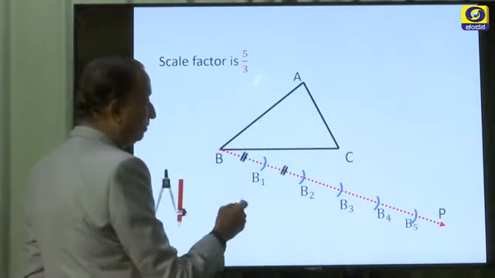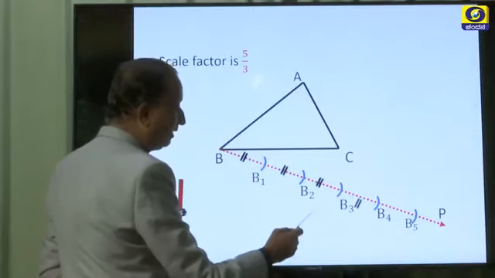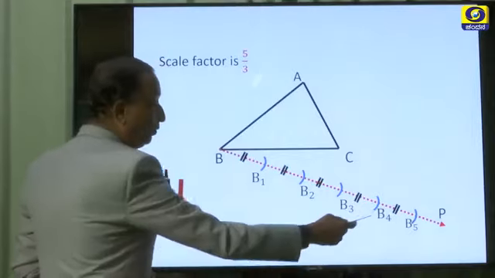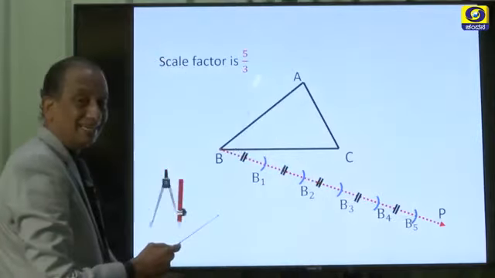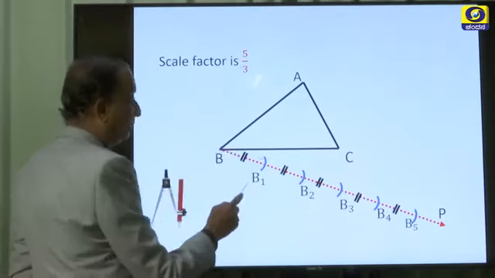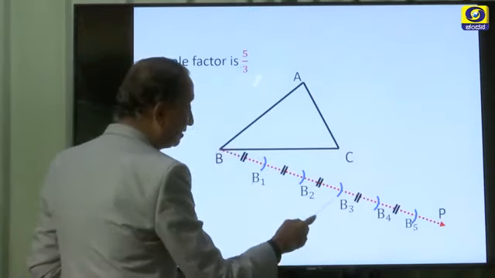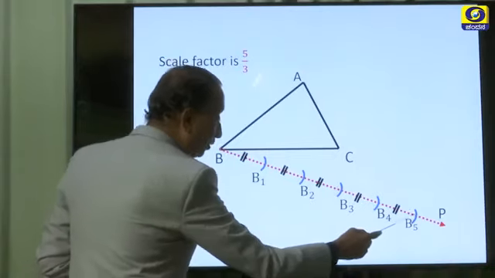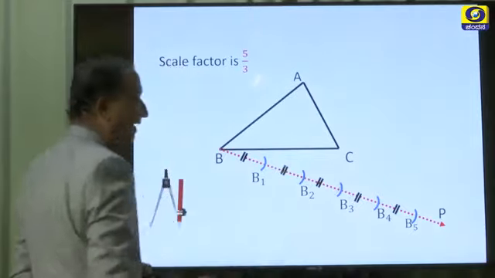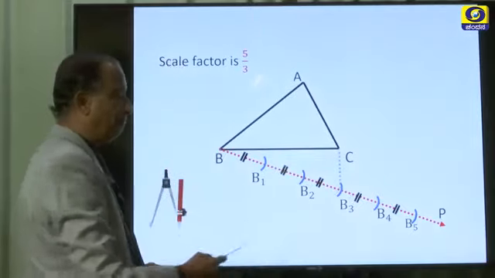So, BB1 is equal to B1B2 is equal to B2B3 is equal to B3B4 is equal to B4B5. Now, don't join B5 and C; this is the way you go wrong. Look at the denominator 3: B1, B2, B3. The third point is here; you should not join B5 with C, you should join B3 and C with the help of a scale.